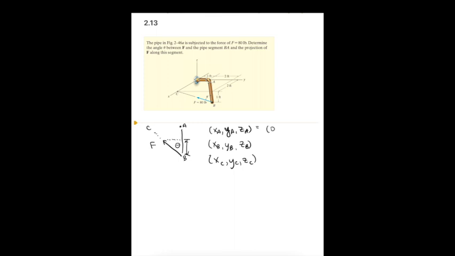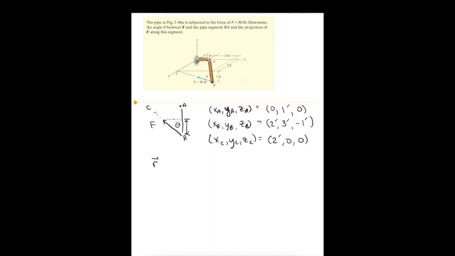It's located right along the y-axis. It's 1 foot positive in the y direction, and it has no z coordinate. You can get the coordinates for point B. It's in the negative z direction. And the coordinates for point C, which is right along the x-axis. So 2 feet positive, and again, no y, no z.